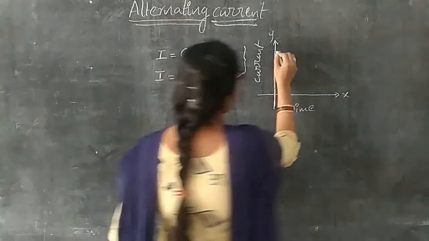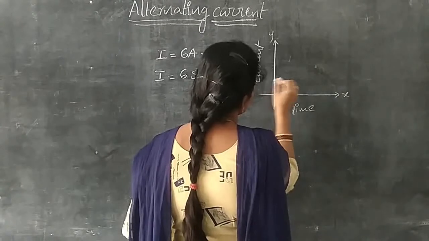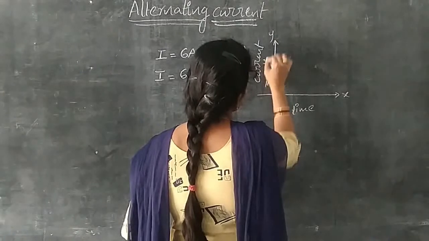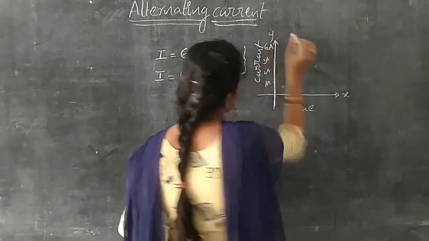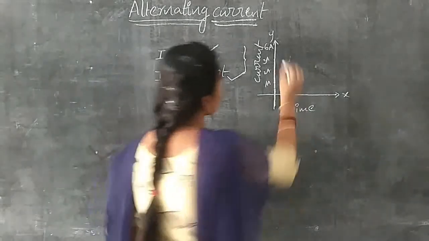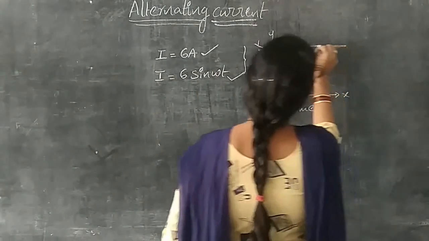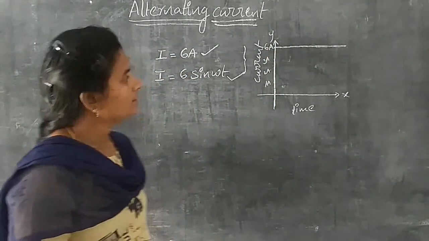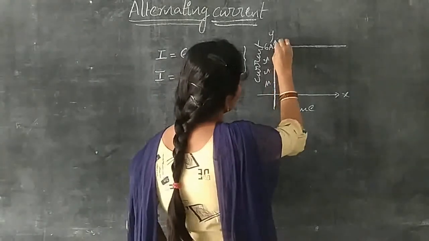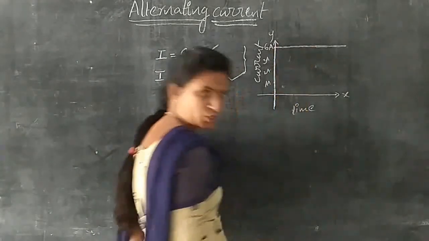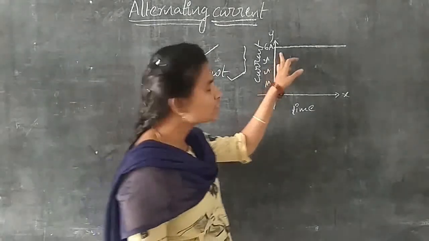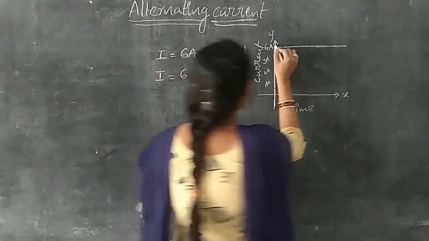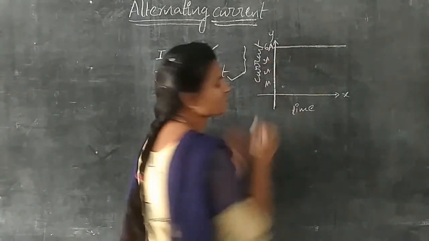Suppose this is 1 ampere, 2 amperes, 3 amperes, and so on up to 6 amperes. So I equal to 6 amperes means the graph is a straight line along the x-axis. What will happen here? There is no change in direction and magnitude. So 6 amperes is a constant current.